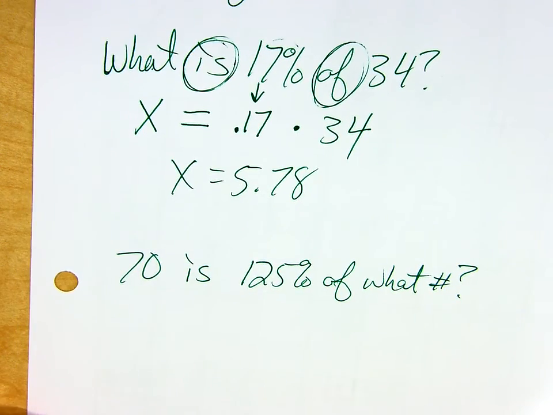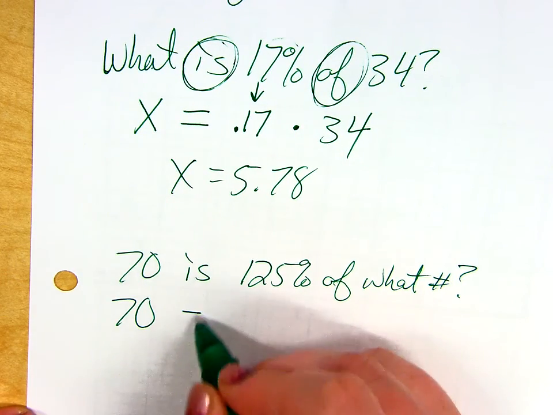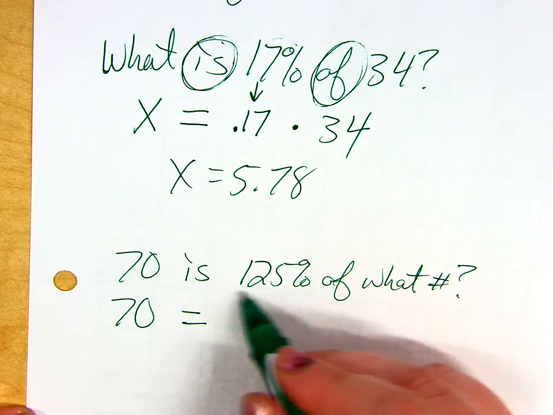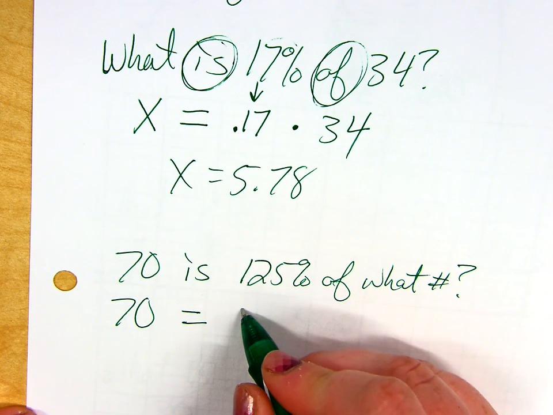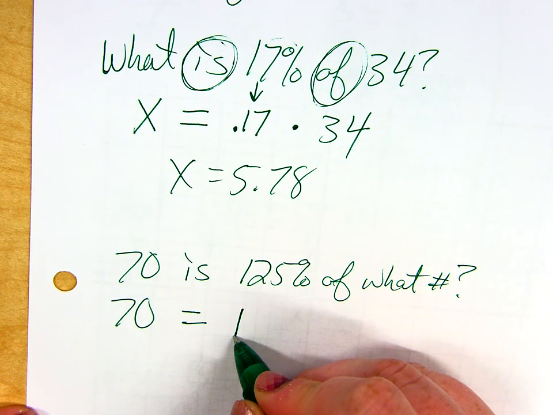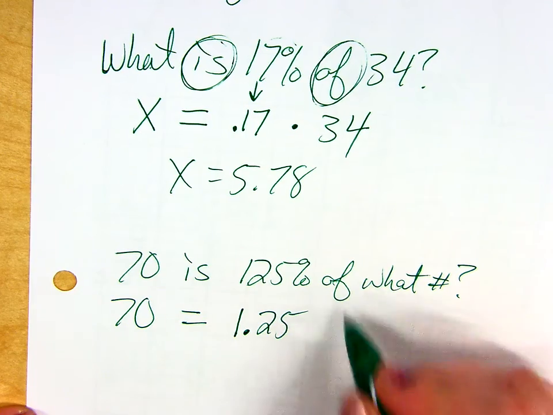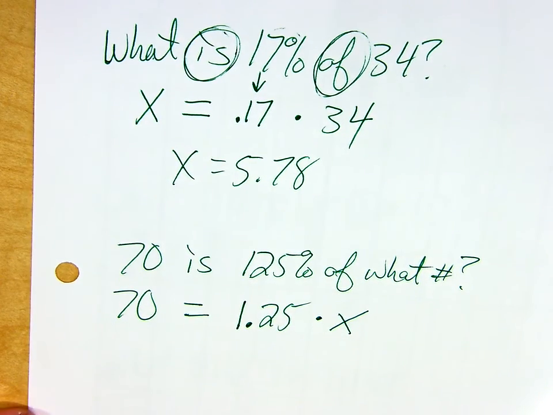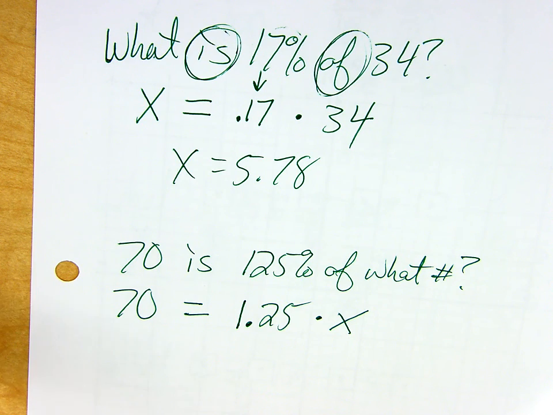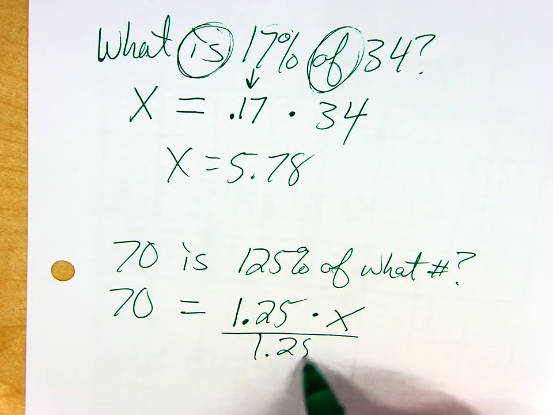So if you're going to use the equation, 70 is an equal sign. Change this to a decimal. So what is 125% as a decimal? 1.25. Of is times. What number is just my variable? So now I have an equation, and I just solve my equation, divide both sides by the 1.25.